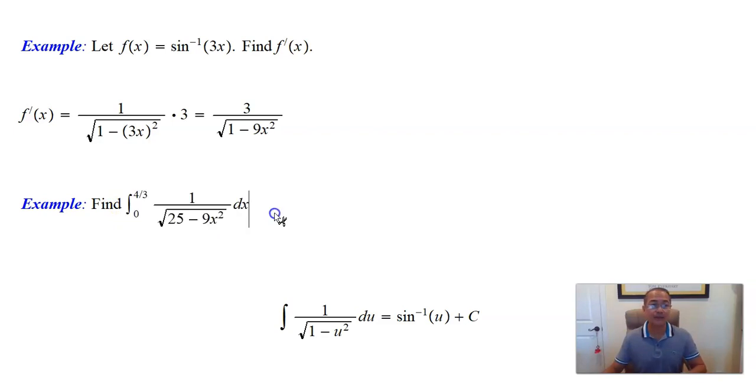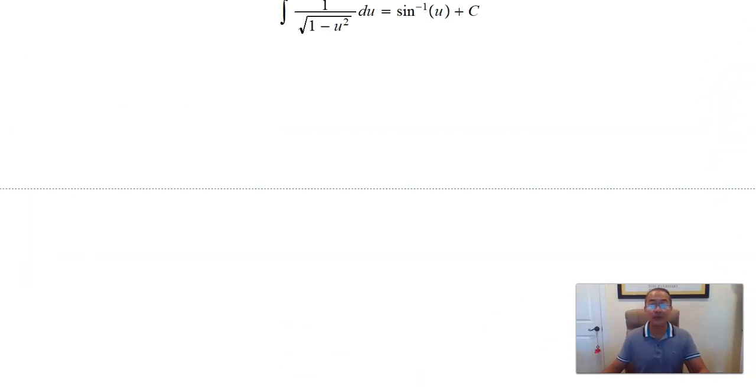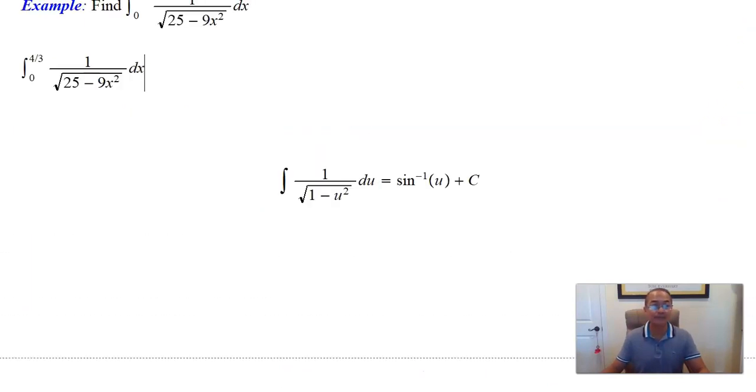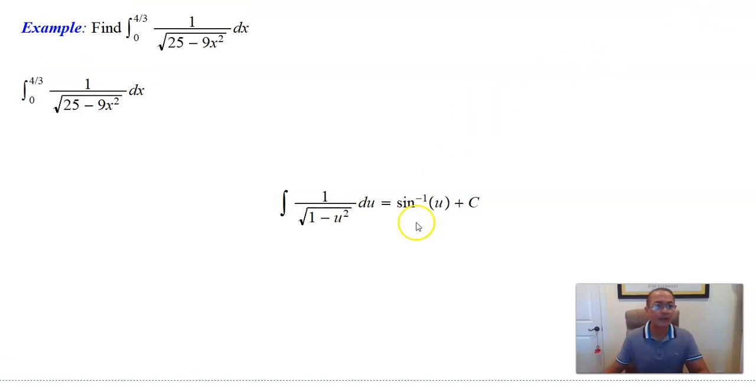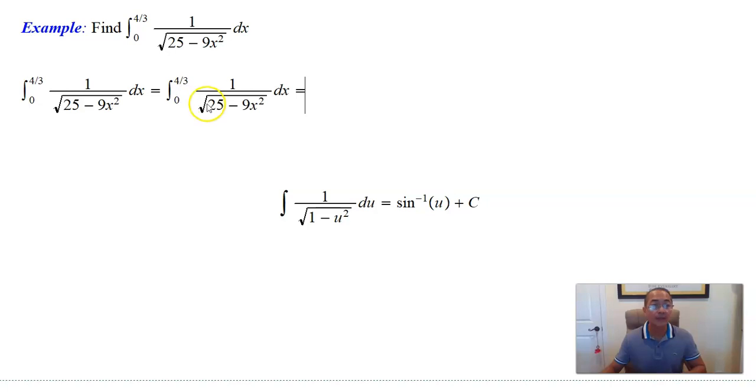So the first thing we're going to have to do is find a way to get rid of that 25. So what can we do? Well, let's try factoring out that 25 from the denominator. We can write it as 25, factor it out.